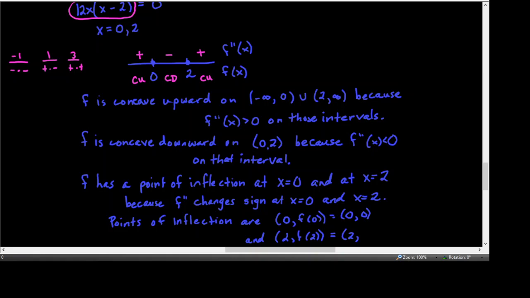make sure I don't make a mistake. 2 to the 4th is 16. 2 cubed is 8. 4 times 8 is 32. 16 minus 32 is negative 16. I sure hope I didn't make a mistake on that. I don't think I made a mistake, but anyway, I'm pretty sure I'm right.